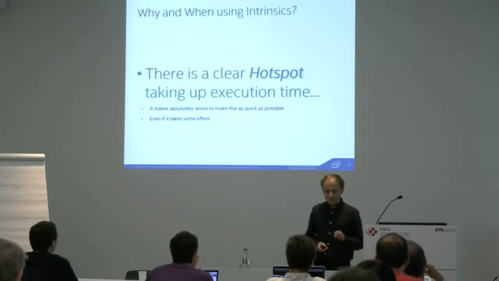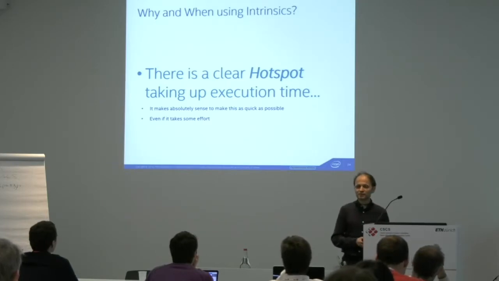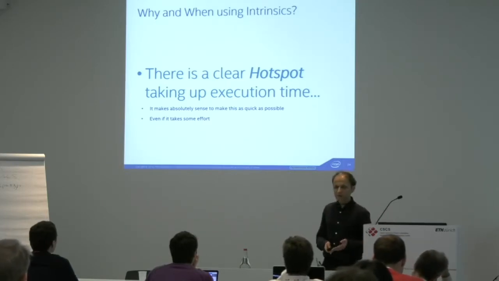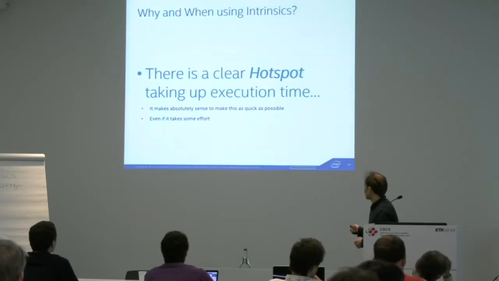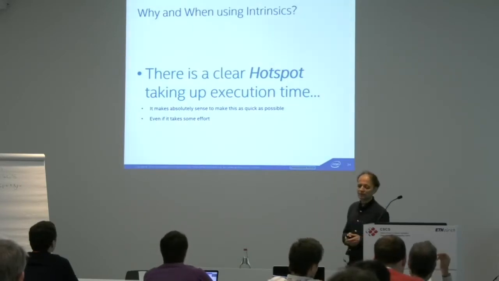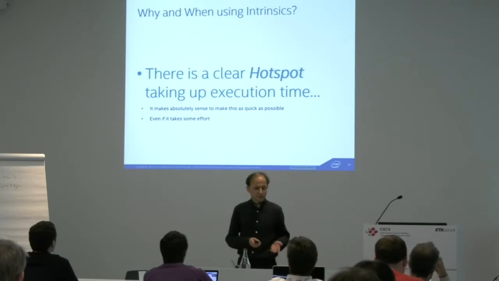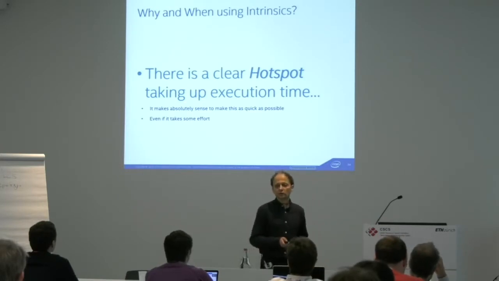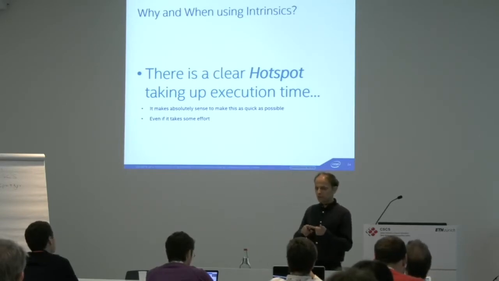Anyhow, the question is then, why and when use intrinsics, right? The question is rather clear to answer. If you have a clear hotspot in your application that is taking up most of your execution time, then it might be a good idea to write it down in intrinsics, because it's a one-time effort. You can tune it.